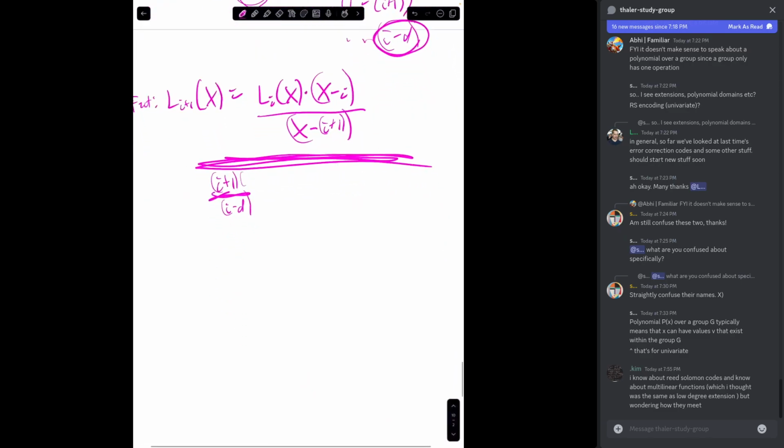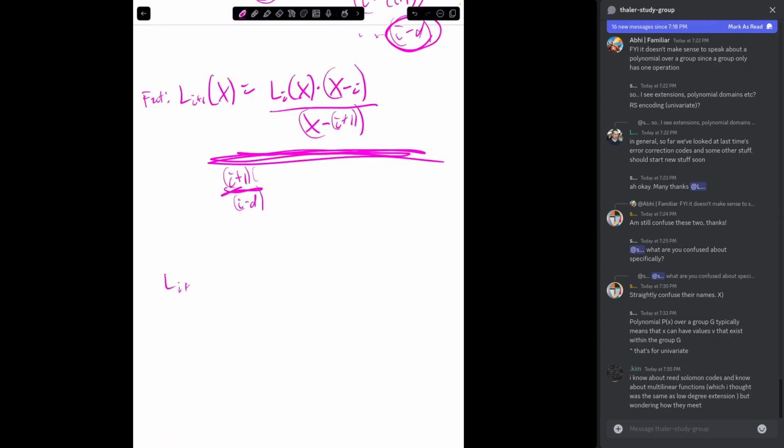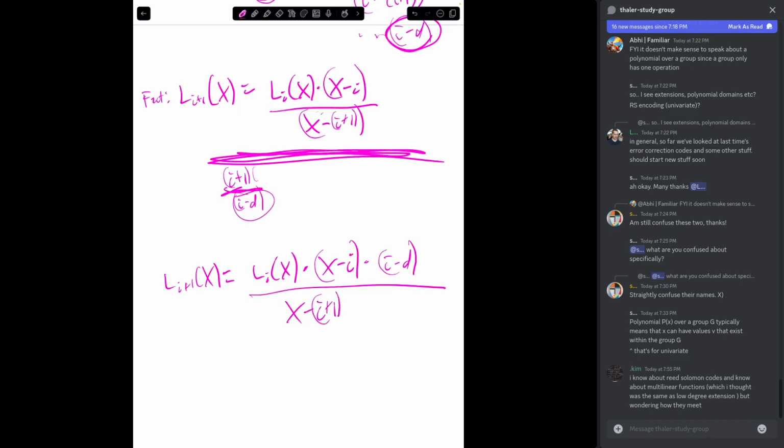So that's it. Writing this out more cleanly, L_{i+1}(X) is the same as L_i(X), but I multiply by (X - i) and (i - D), and I divide by (X - (i+1)) and (i + 1). The i - D was in the denominator's denominator, so it moves to the numerator. And X - (i+1) was in the numerator, so it goes to the denominator.